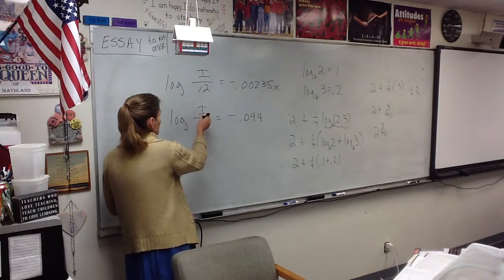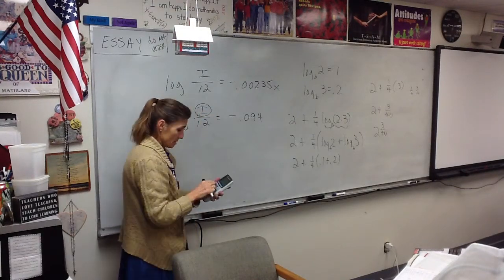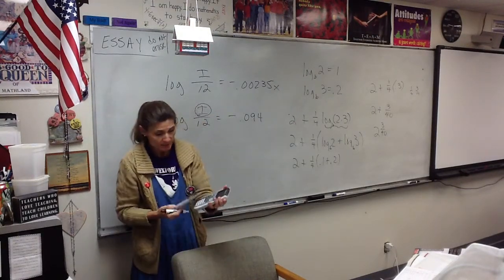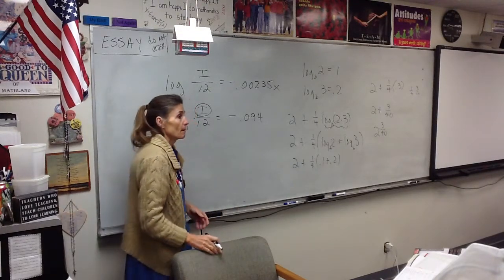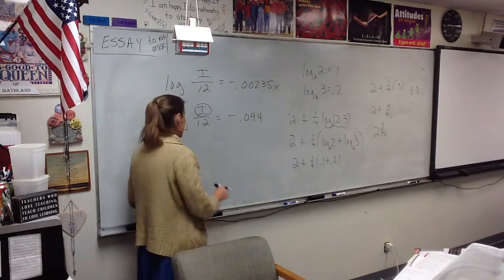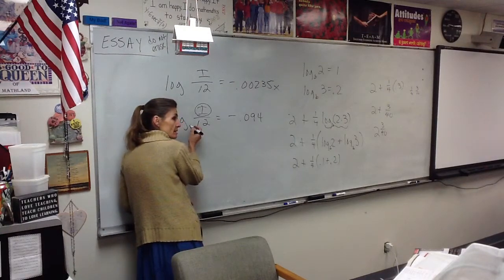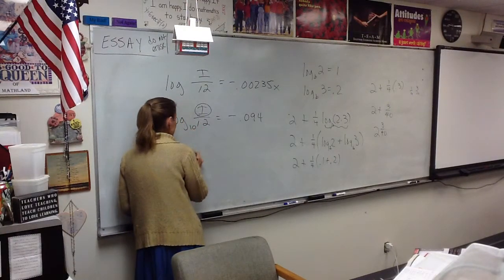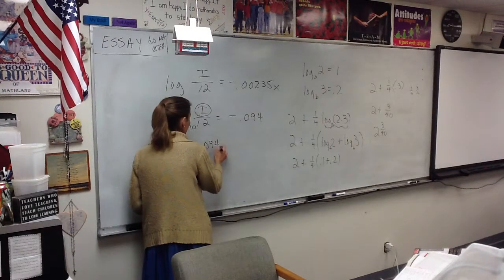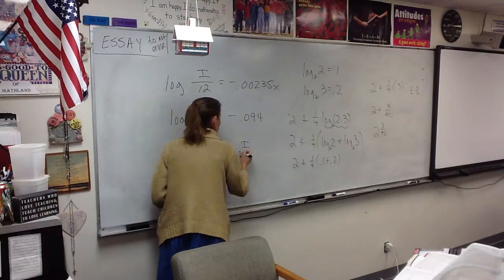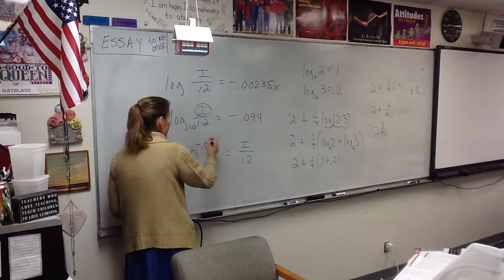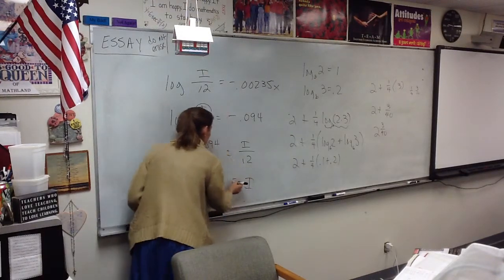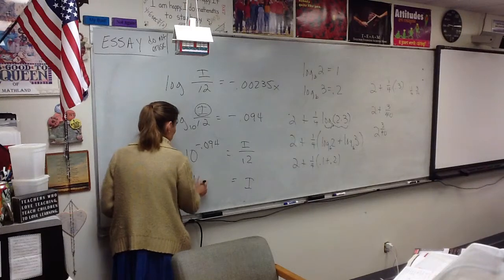Now I need to solve this for I. Any ideas how we'll do that? We need to figure out what that I is. You do 10 to the. Exactly. The base here is 10. So we're going to say 10 to the negative 0.094 equals I over 12. And we'll figure out what that is and times it by 12.